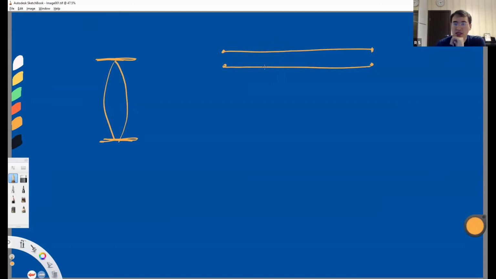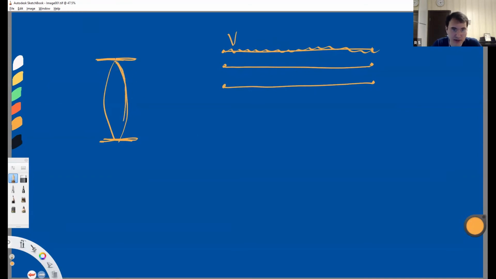So you have these strings, and let's say that you hit one of the strings, and it starts vibrating. And by vibrating, it creates this sound wave. And the same happens here.